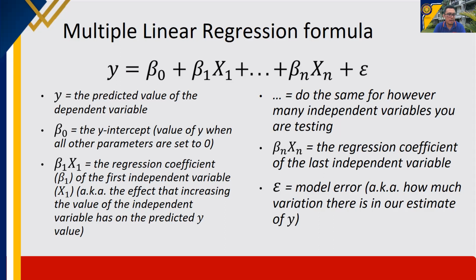We do the same for however many independent variables you are choosing. Beta sub n and x sub n are the regression coefficient and the last independent variable, while epsilon is the model error, how much variation there is in our estimate.